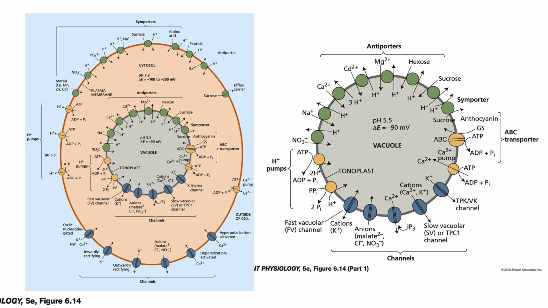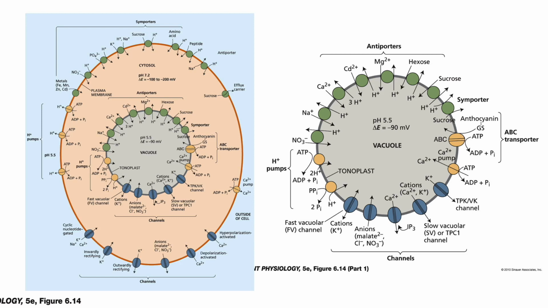We have a calcium channel that allows calcium out of the vacuole and is triggered by IP3, a signaling molecule inside the cytoplasm. We have anion channels in the tonoplast that allow anions to be taken up into the vacuole. So that's moving down passively by diffusion. Remember, they move by diffusion in these channels down their electrochemical potential gradients.